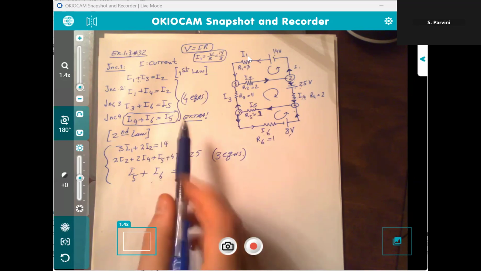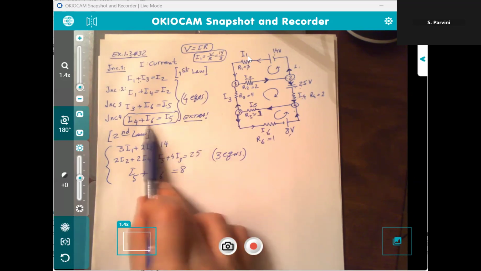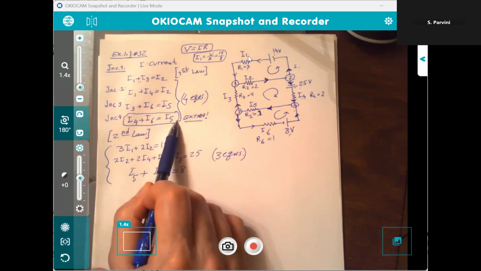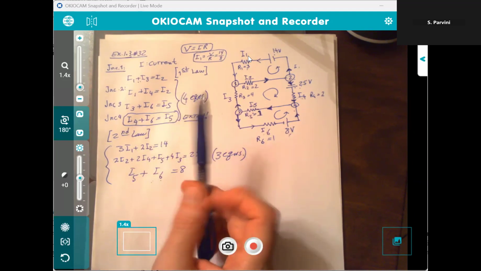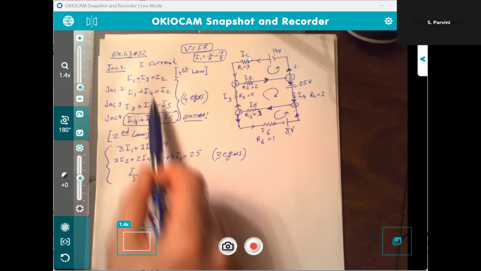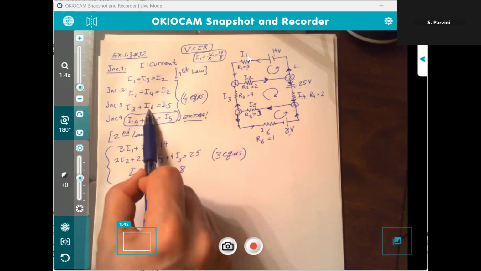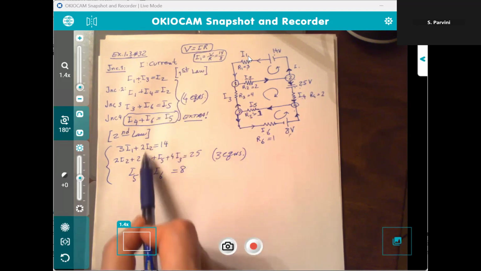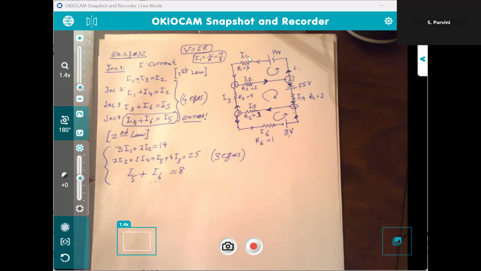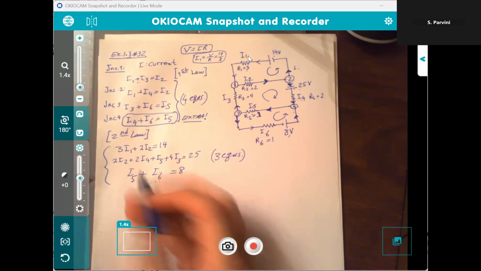So I'm going to let this one go, because the equations with I4, I6, I5 we actually have already, scattered throughout here. So they all have representations.